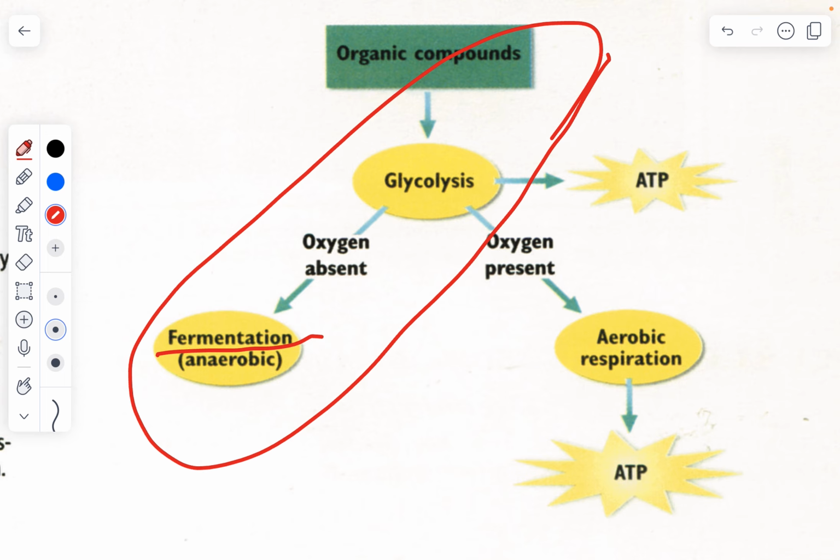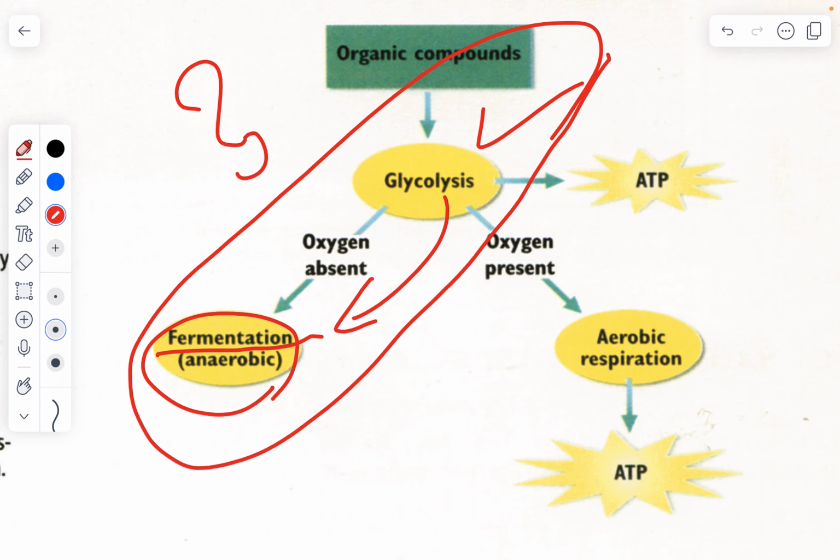We are saying glycolysis is the initial reaction. When we say it is the initial reaction, it means it's counted in both of the reactions. So if oxygen was not present, or it was absent, without oxygen, glycolysis happened, and then the product of glycolysis enters anaerobic respiration. So the question here is, can anaerobic respiration or can fermentation give ATP?